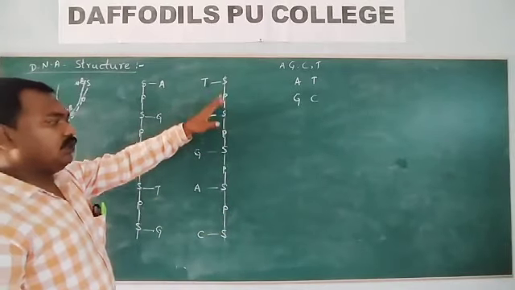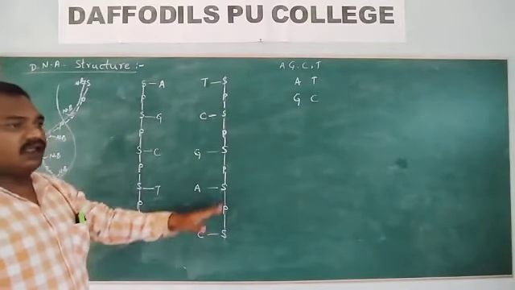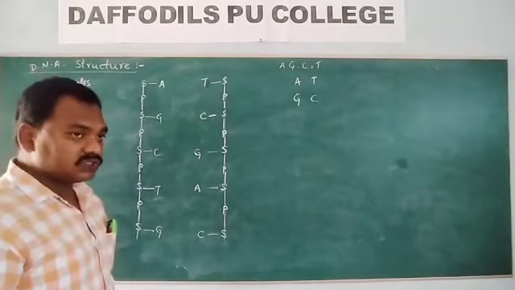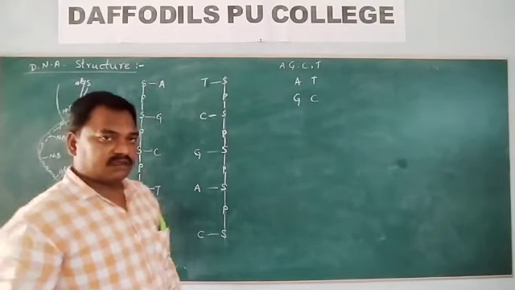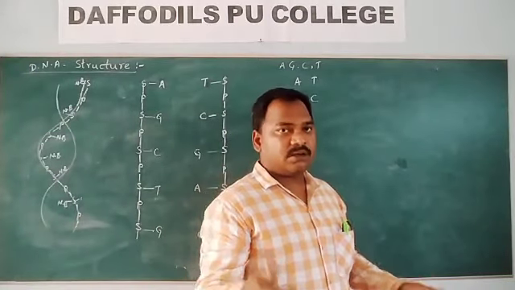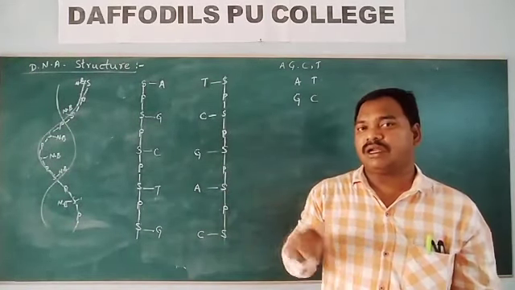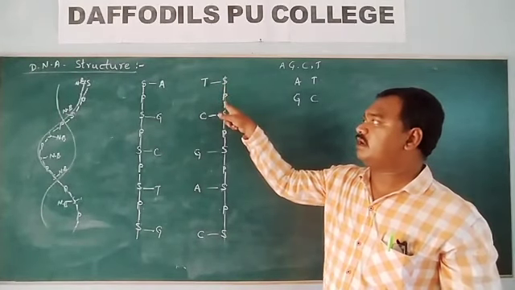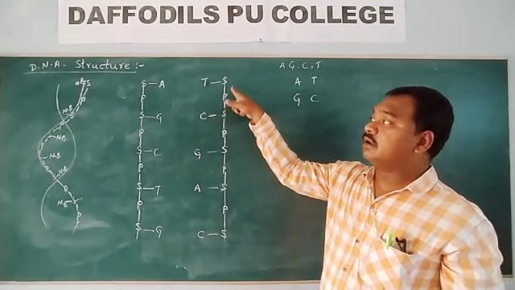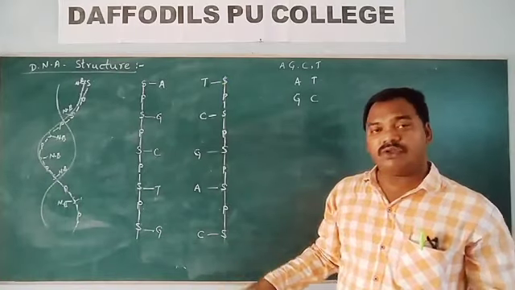All these nucleotides connect and form a polymeric chain, which is the backbone of DNA. The strands are made with sugar and phosphate. DNA is the polymer of nucleotides.